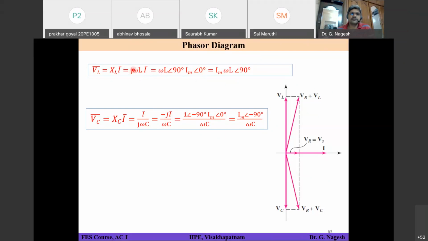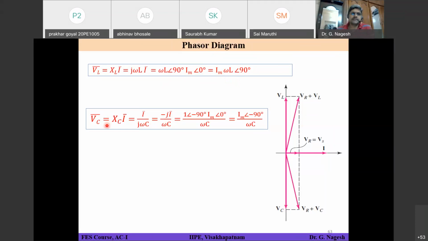So plus j gives plus 90 degrees. So what is the overall phase angle? You will get 90 plus 0, which is 90 degrees, and omega L Im. So that means the voltage across the inductor will be leading your reference phasor, which is the current in this case, by 90 degrees.